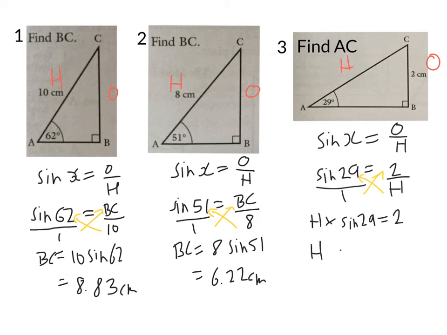And then to get what H is equal, we divide both sides by sine 29. And then the calculator does the rest of the work. The answer is 4.13 centimeters.